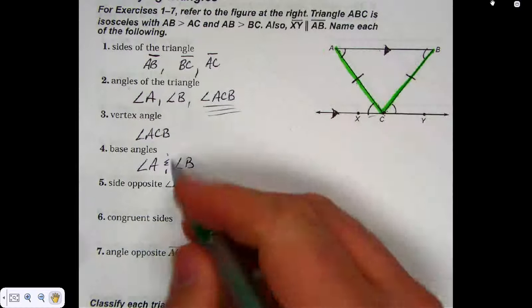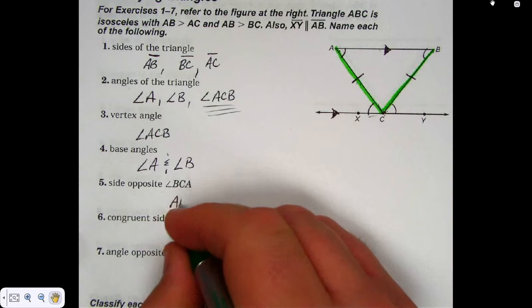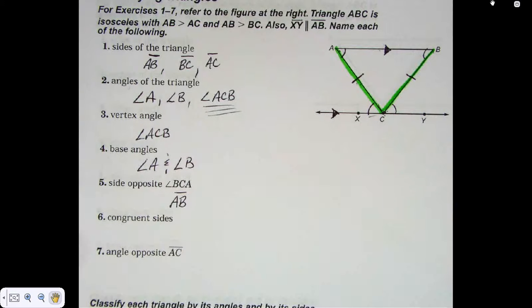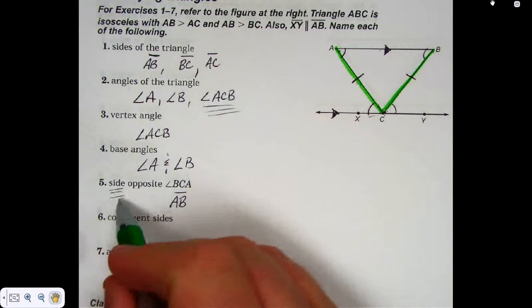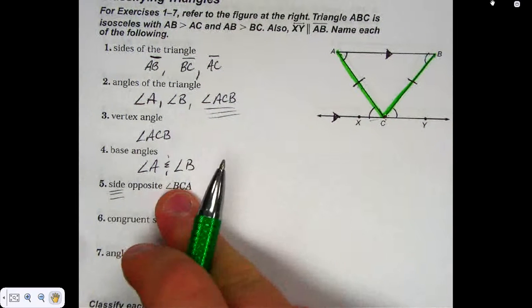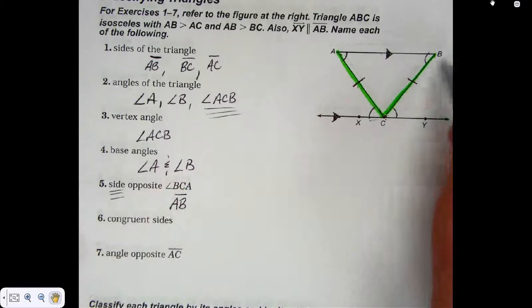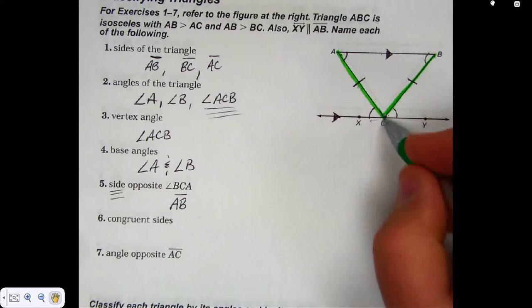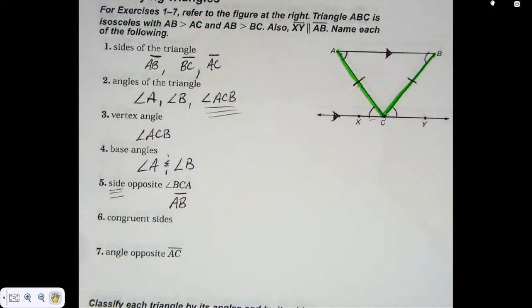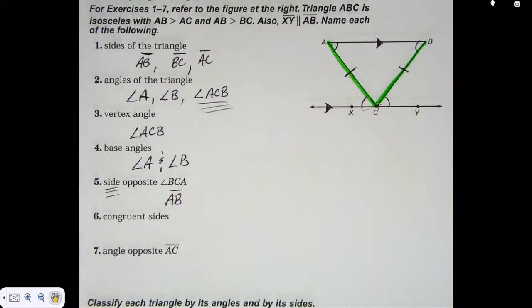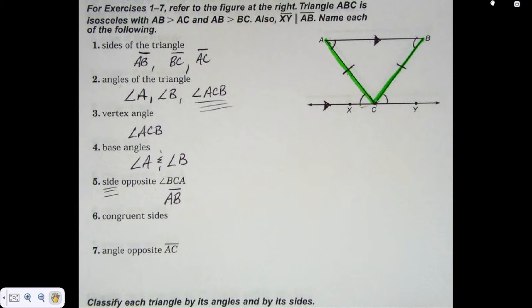What's the side opposite it? So it's going to be what? Two letters with a segment above it, right? Opposite BCA. So which one's opposite that angle? AB.